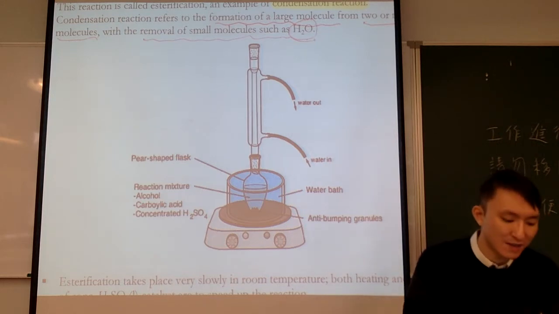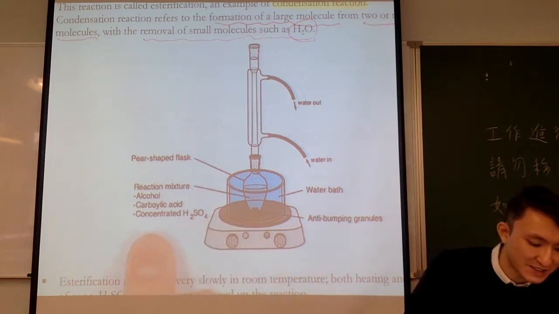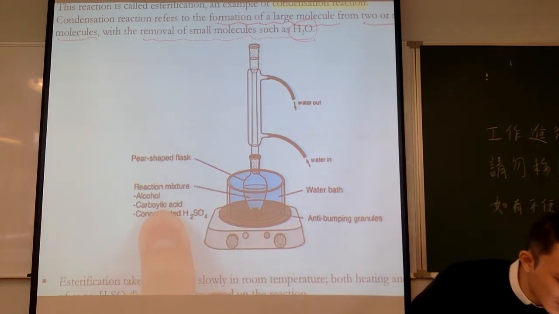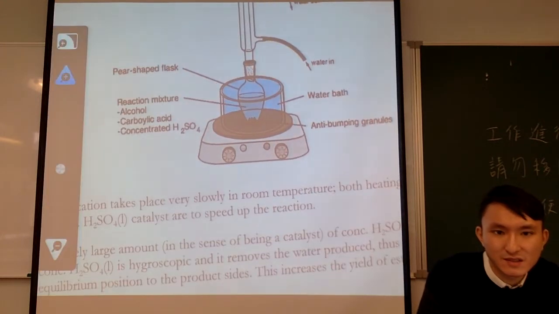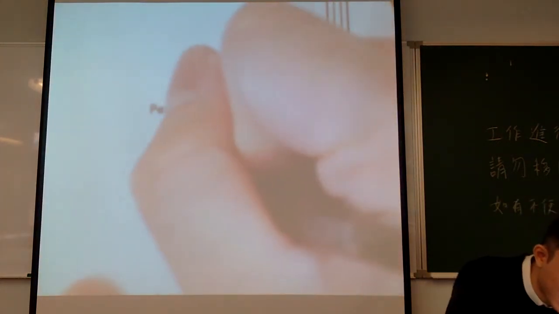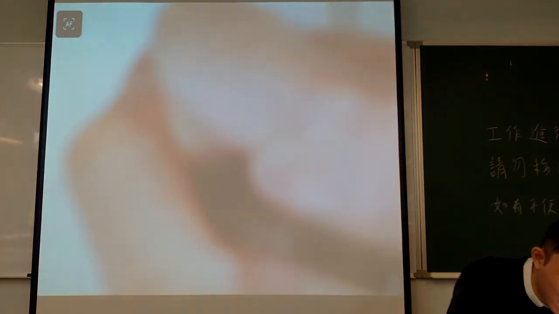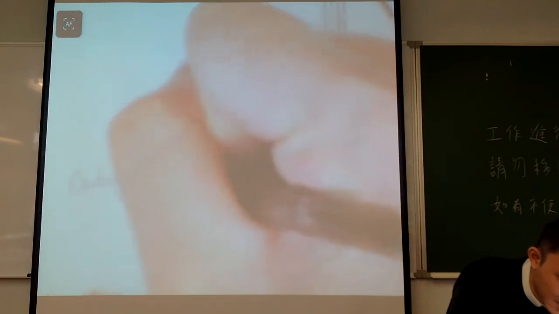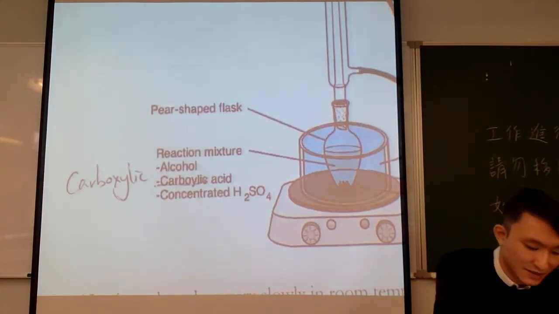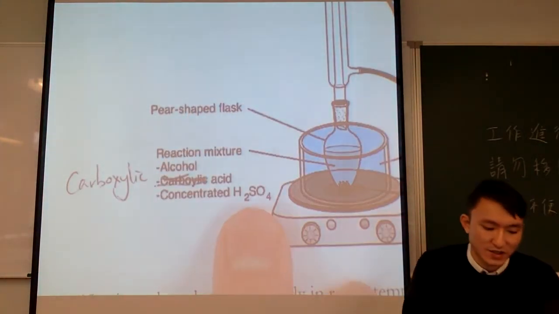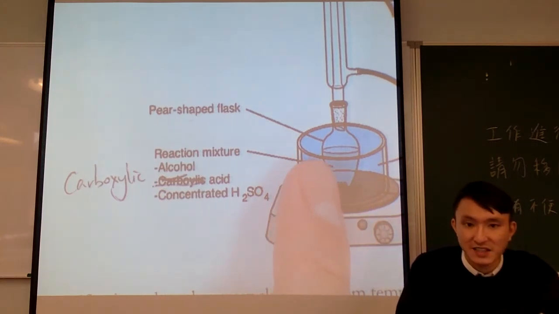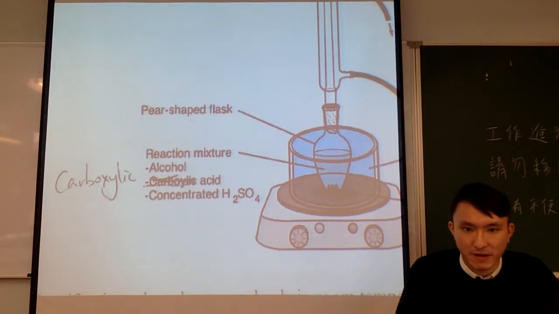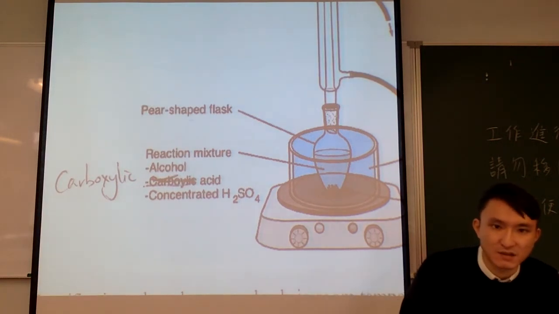So basically, we put everything inside: the alcohol, the carboxylic acid, concentrated sulfuric acid, which is the catalyst. We add everything inside the flask, and we also add anti-bumping granules, and then we just heat it under reflux.